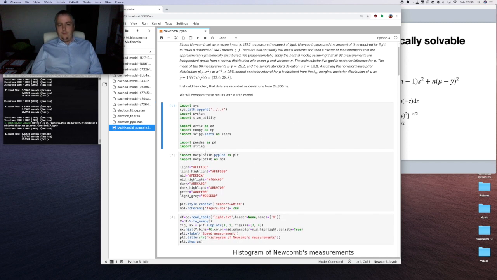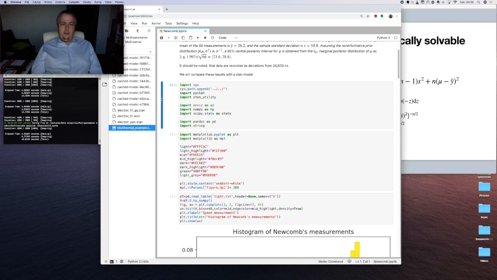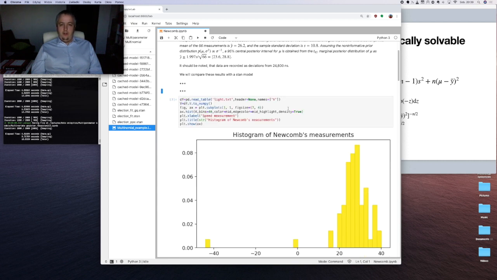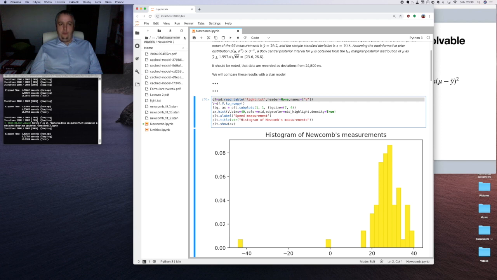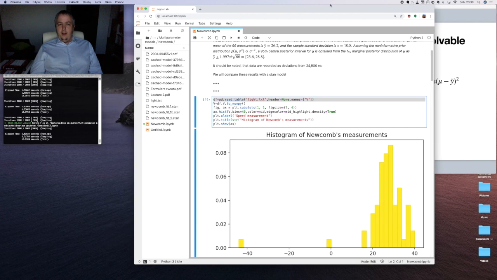Again, some packages, we will be skipping that in the future. You can see it on GitHub, and we get our data. You will be provided the data in the file light.txt, which will be in the Newcomb folder in the multiparameter models in the repository.